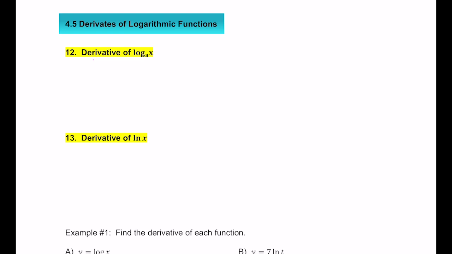The derivative of log base a of x is equal to 1 divided by the natural log of the base a times x.